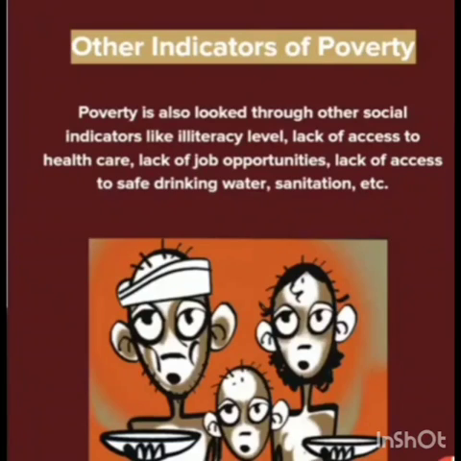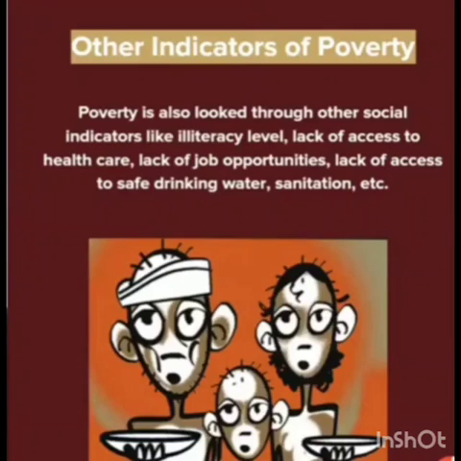Poverty is also observed using other indicators like illiteracy level, lack of general resistance due to malnutrition, lack of job opportunities, lack of access to safe drinking water, sanitation, etc.